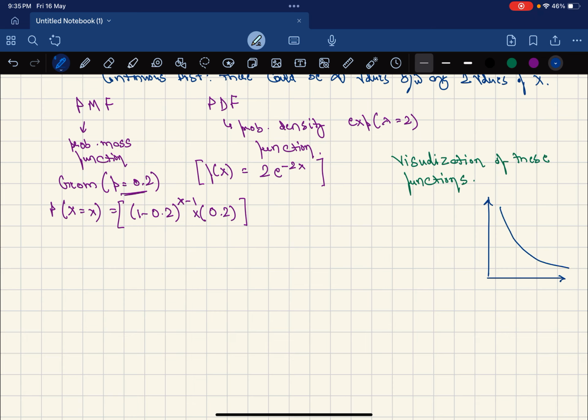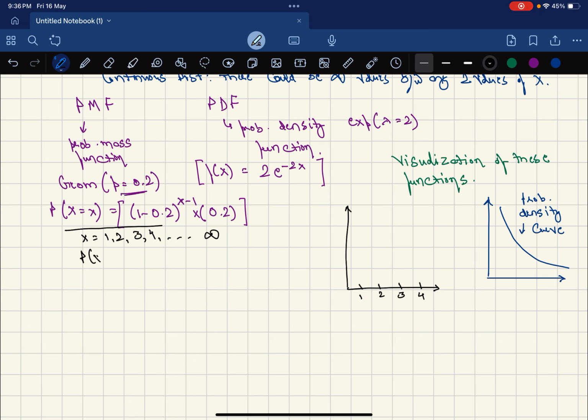This was called a probability density curve. Now for probability mass function, we cannot really have a probability density curve because this particular function is only defined for whole numbers. If you remember, geometric distribution can only take values which are positive integers, but it can go till infinity.